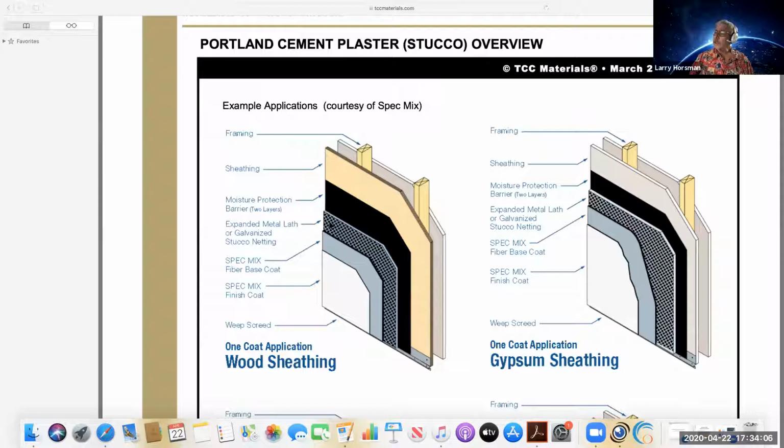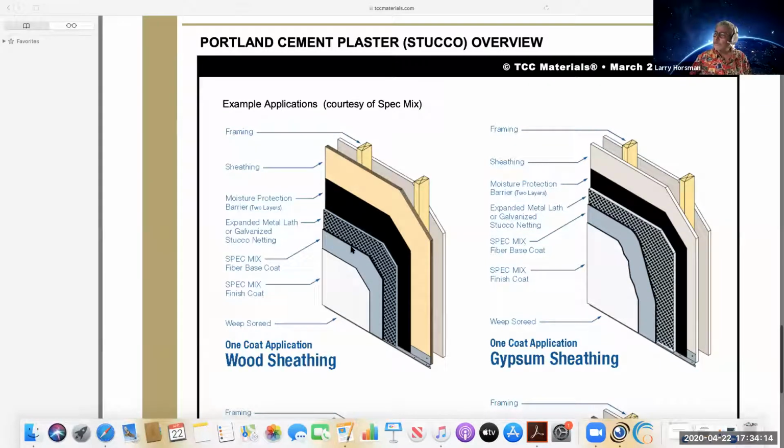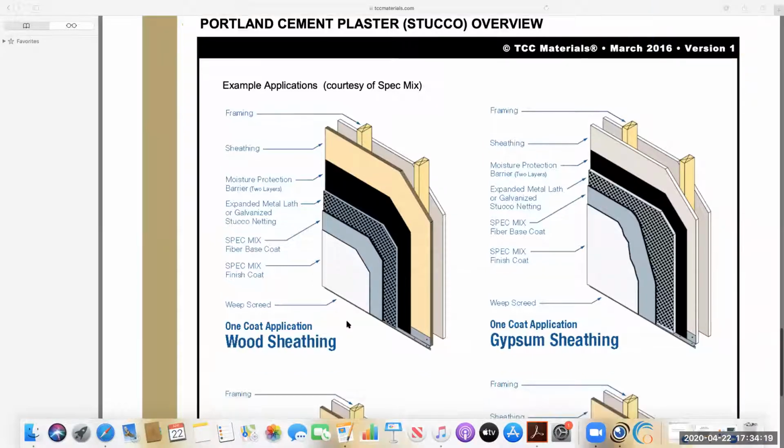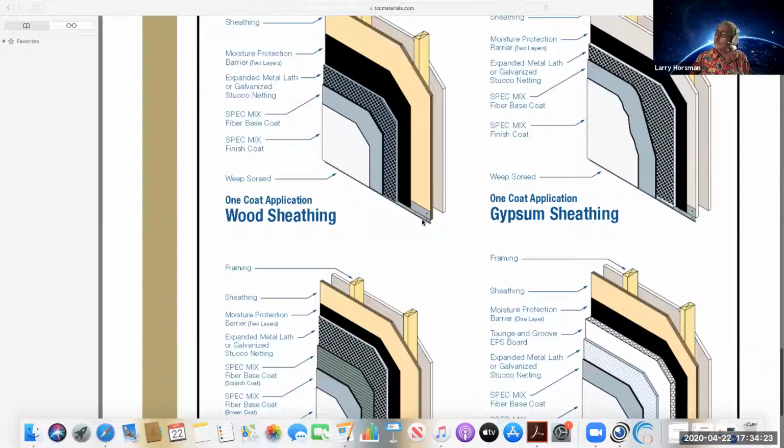So here's the chicken wire that goes behind it, whatever the mix goes. Here we have a base coat. Here's the screed down at the bottom, and that flange has a minimum height per the code. That's just a standard stucco screed. The paper comes down over that.